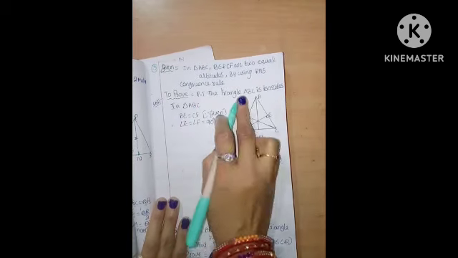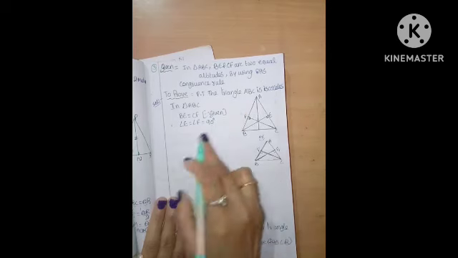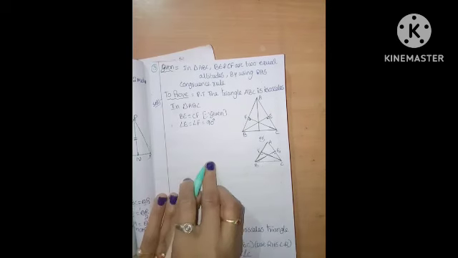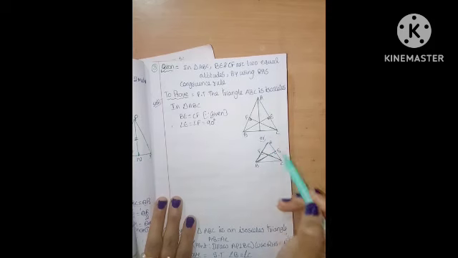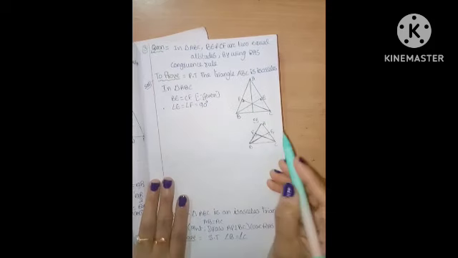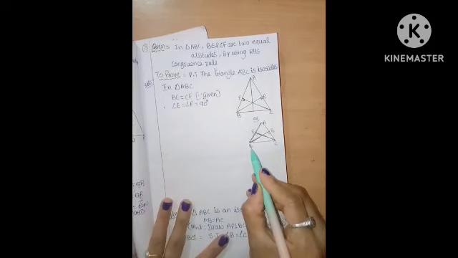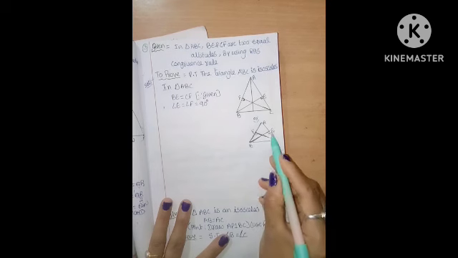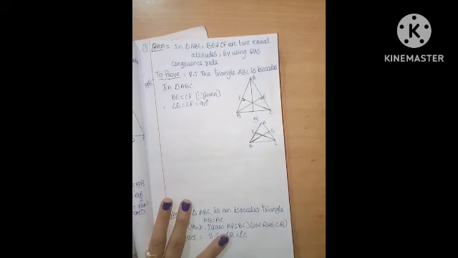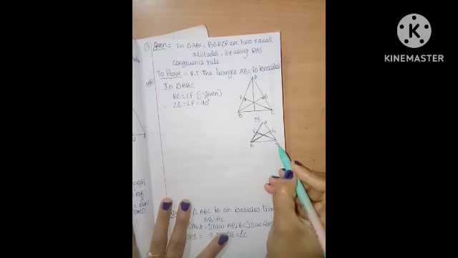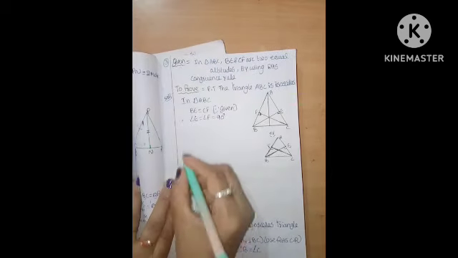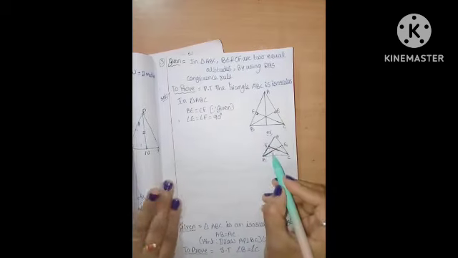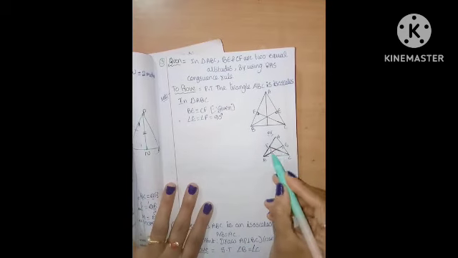Next, how to prove whether ABC is an isosceles triangle or not? First, let us take these two triangles. Triangle BCE is one triangle, and next, CBF is the other triangle. Why do we take these two triangles?